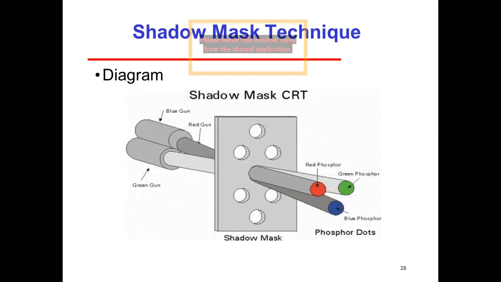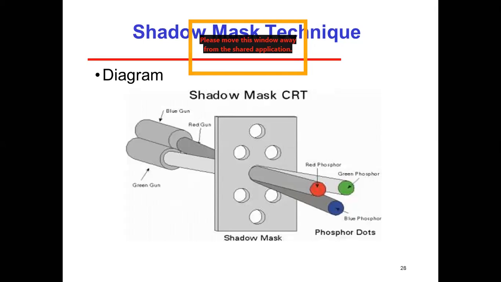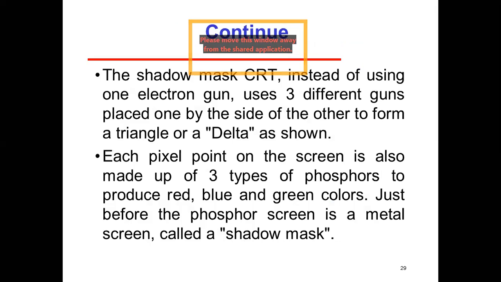The shadow mask CRT, instead of using one electron gun, uses 3 different guns, placed side by side, and it forms a triangle that is called the delta, as shown in the figure. So this forms the triangle. Each pixel point on the screen is also made of 3 types of phosphor. So each pixel contains 3 grains. Three grains means 3 colors, and 3 colors form 1 pixel.